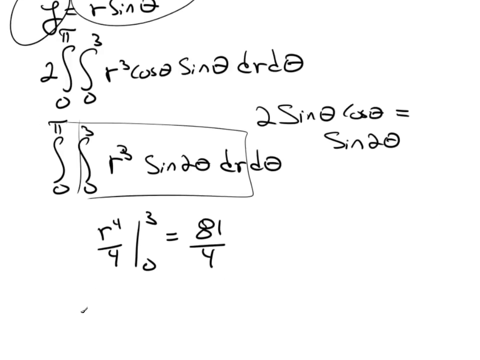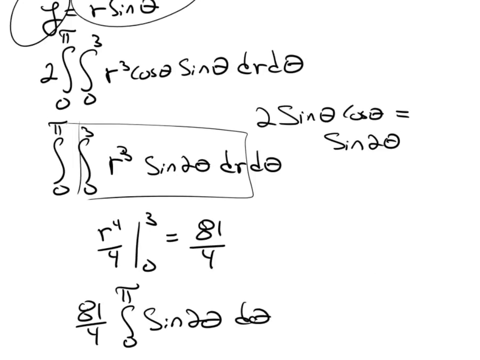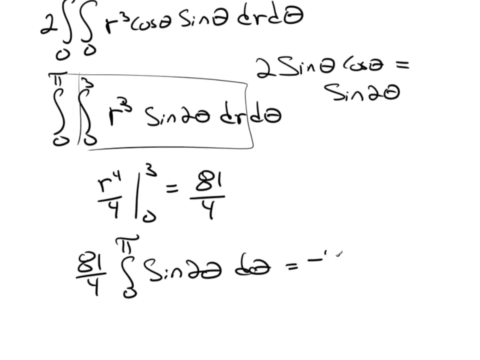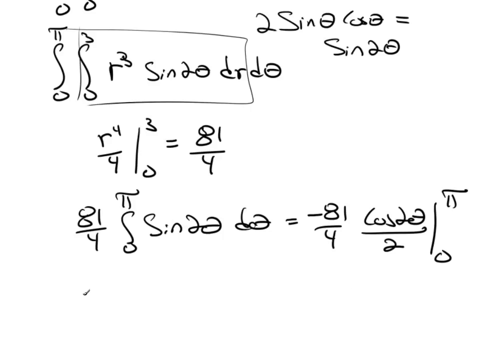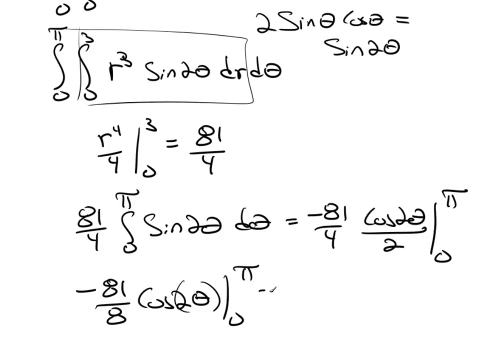So now I'm going to take 81 over 4 times the integral from 0 to pi of sine of 2 theta d theta, which is going to be negative 81 over 4 cosine of 2 theta over 2 evaluated from 0 to pi. So obviously I can make that an 8. And matter of fact, I will. Negative 81 over 8 times cosine of 2 theta evaluated from 0 to pi.